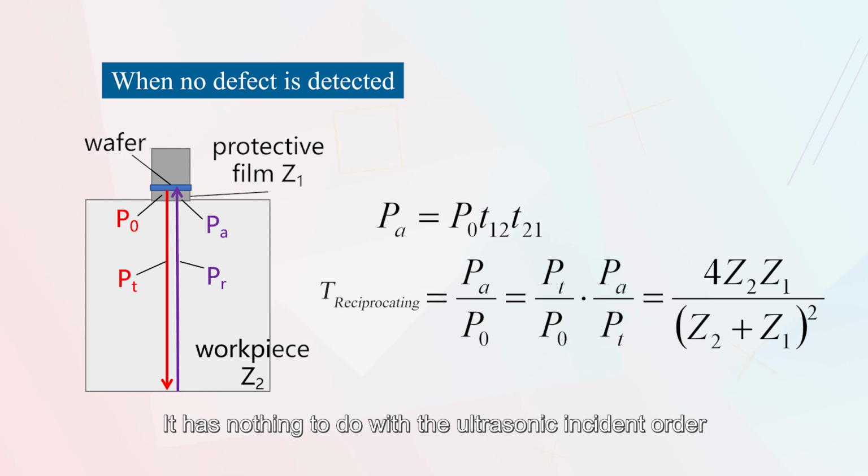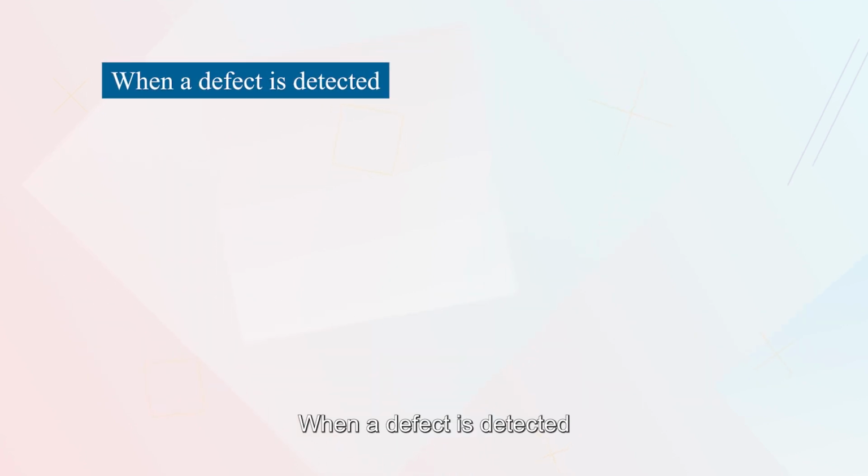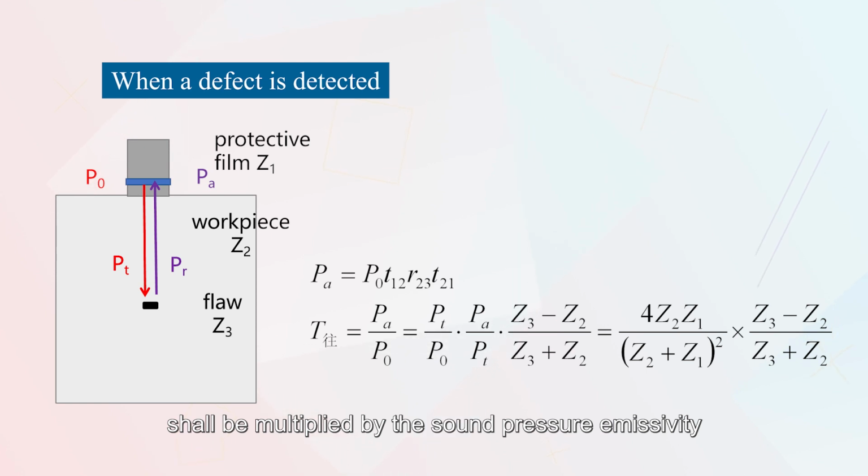It has nothing to do with the ultrasound incident order. When the defect is detected, the sound pressure reciprocating transmittance shall be multiplied by the sound pressure reflectivity at the defect on the basis of the above formula.